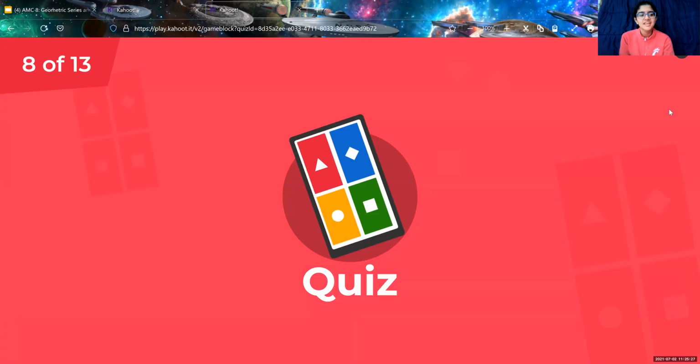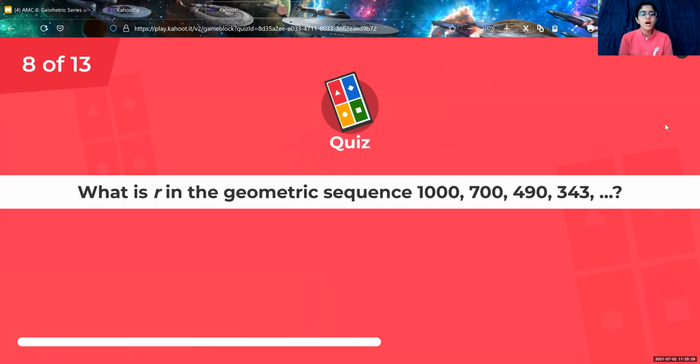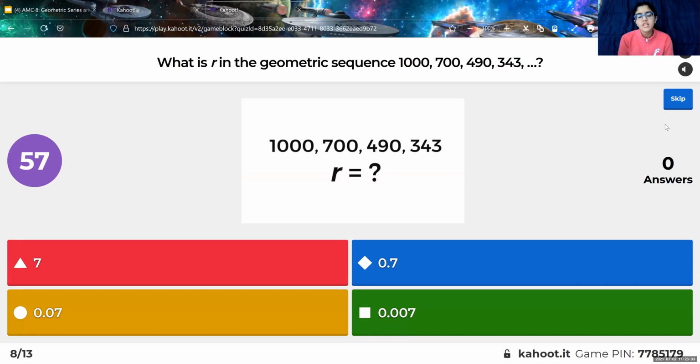Okay. So what is r in the geometric sequence 1000, 700, 490, 343, etc.? So what would you multiply 1000 by to get 700? And what would you multiply 700 by to get 490?